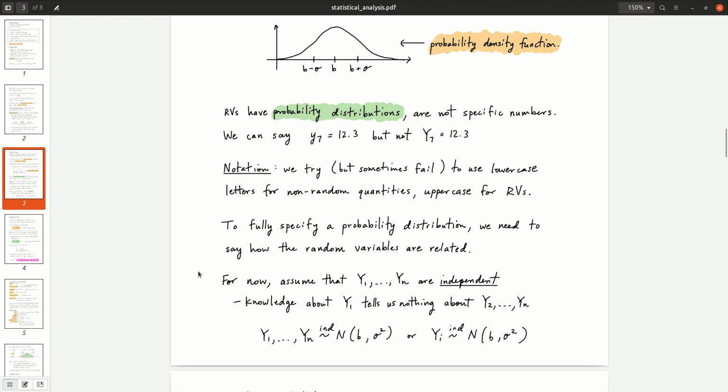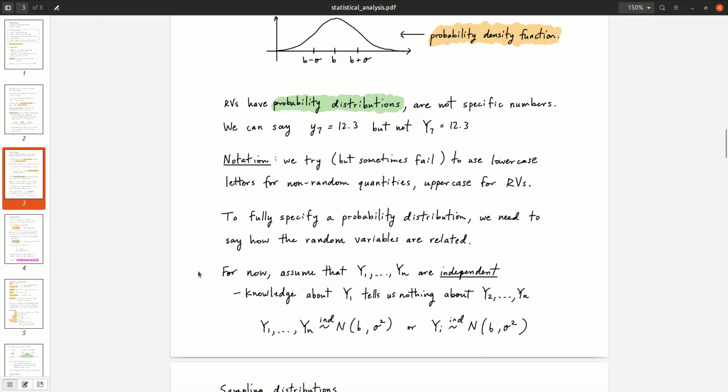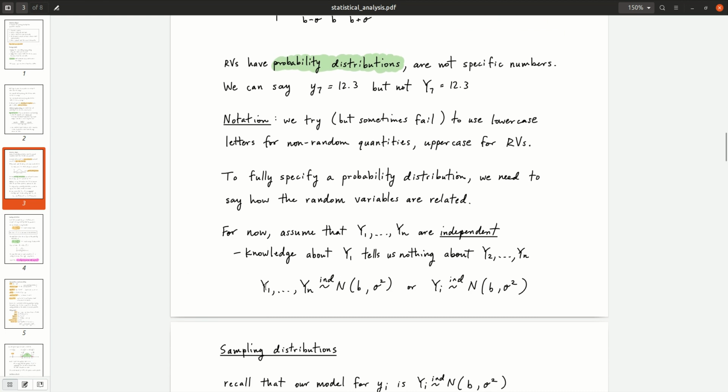For now, we're going to keep it simple. We're just going to say that the random variables Y1 up to Yn are independent. There's a formal meaning in terms of probability distributions, but for our purpose, what this means is that if you have some knowledge about what the first observation is, this tells us nothing about what the rest of them are. Our notation for independence is the following.